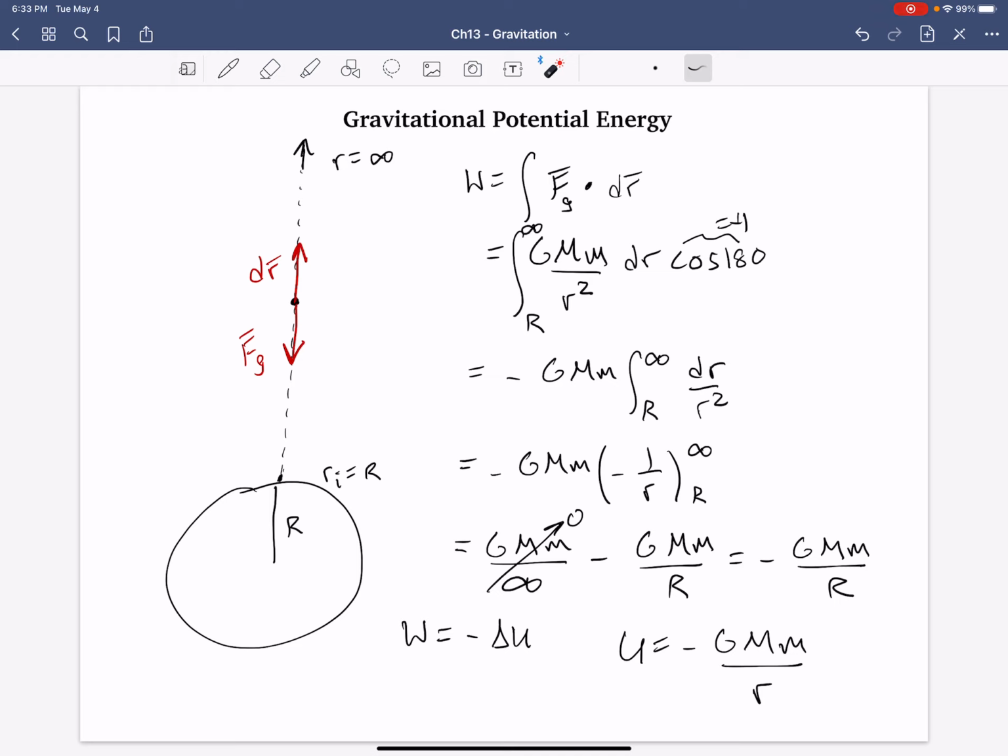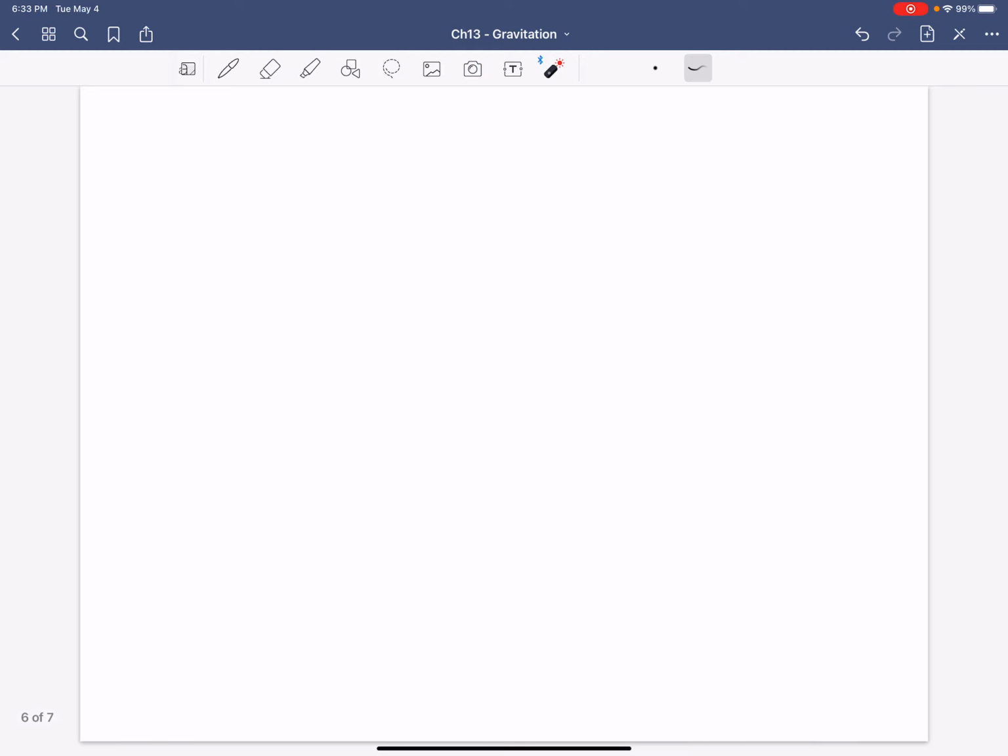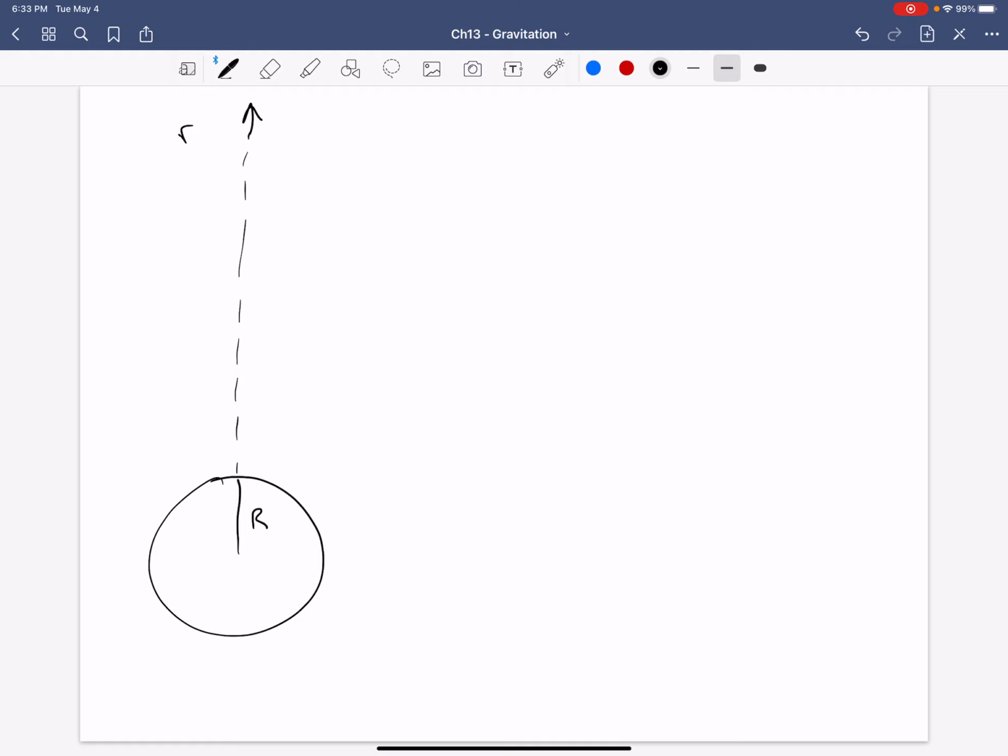In other words, it's maximized. I think I said that incorrectly earlier. Let me go ahead and write it over here. So we have two cases, okay? A start and an end. So let's take a look at them both. When R goes to infinity.